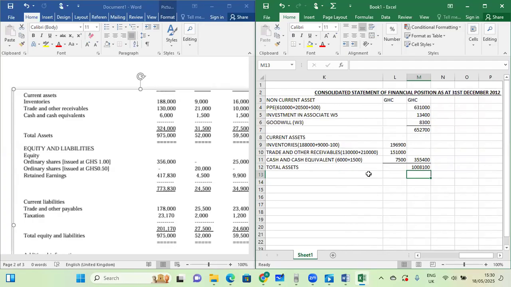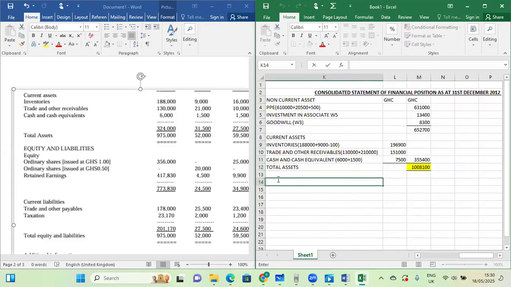You will be correct. So if you don't remember anything, just remember that you are consolidating. You are making them look as if they are one. All right. So this is the assets, total assets, and like total assets.